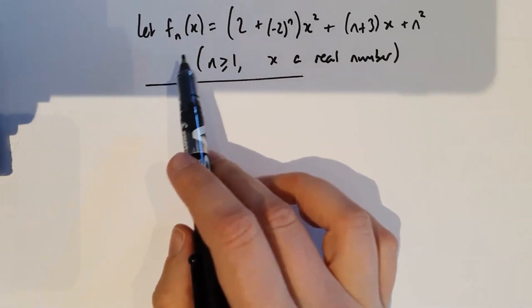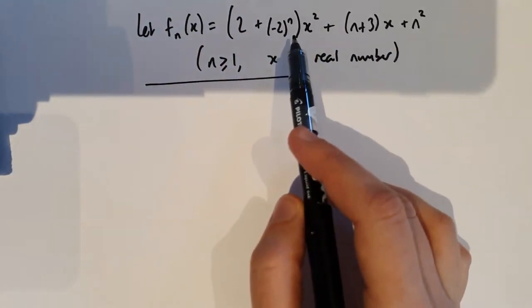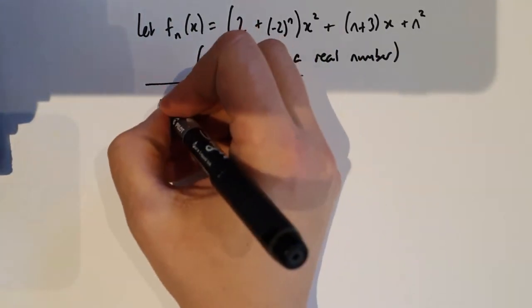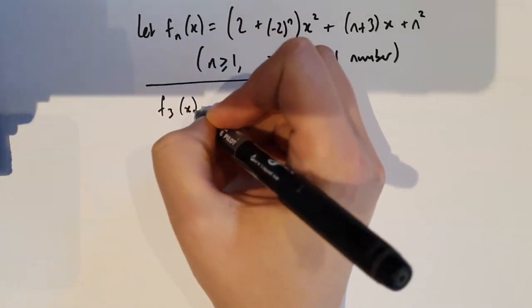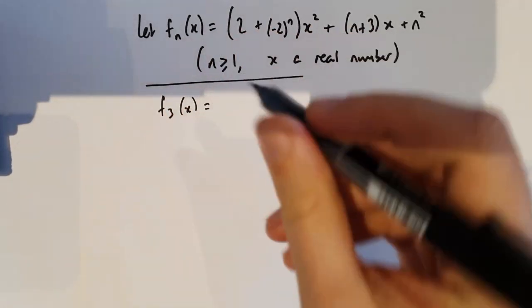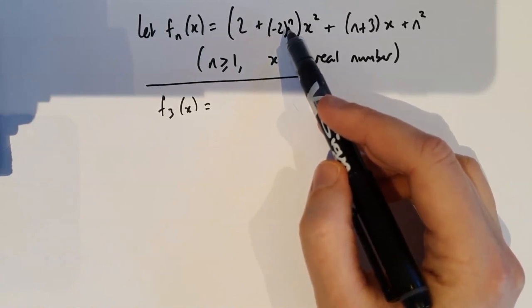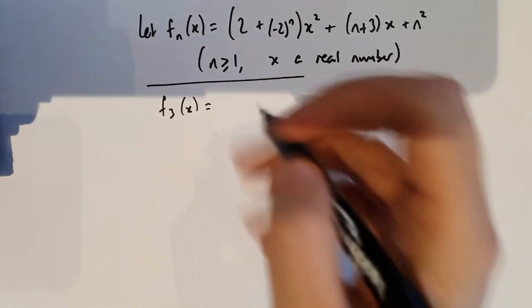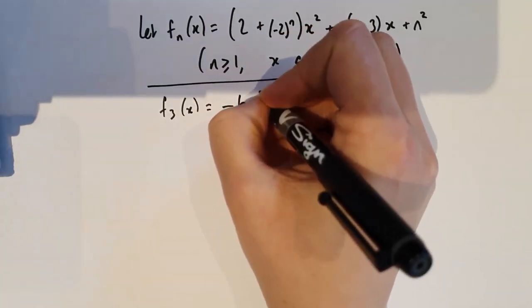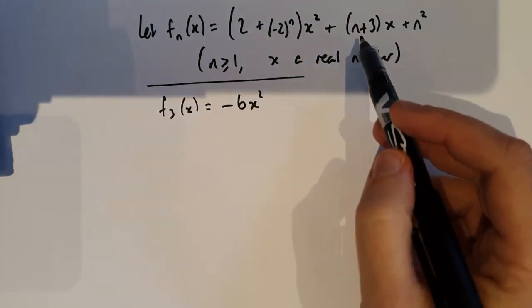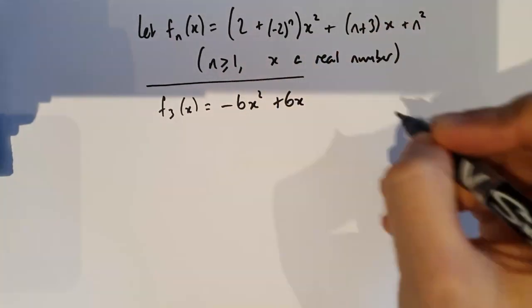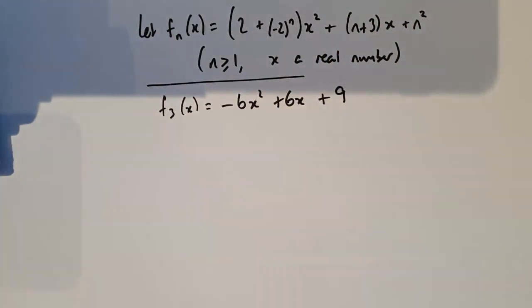So I'm just going to take the expression for fn of x and think about what happens in the case when n is equal to 3. So f3 of x, we're going to get minus 2 all cubed, that's minus 8. When we add 2, so we're going to get minus 6x squared, then plus 6x plus 9. So I think that's all the first part of the question wanted us to do.